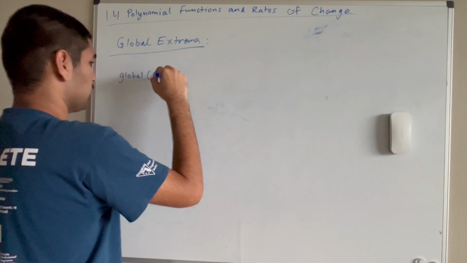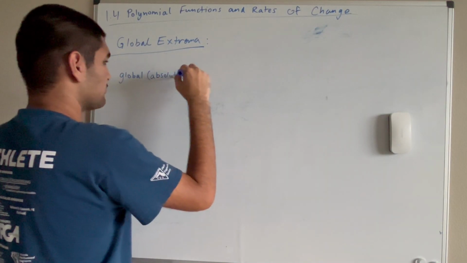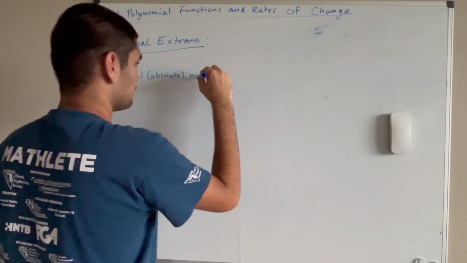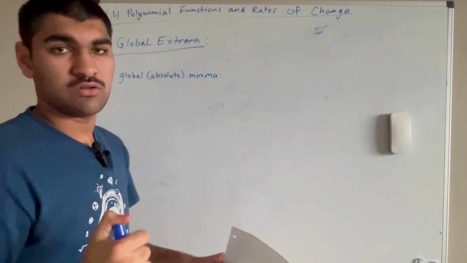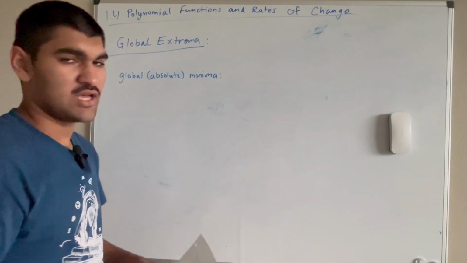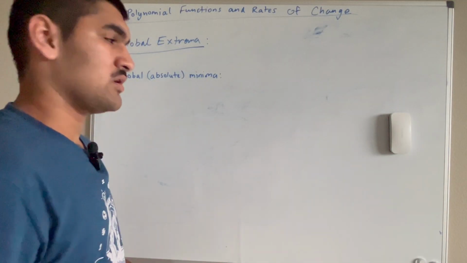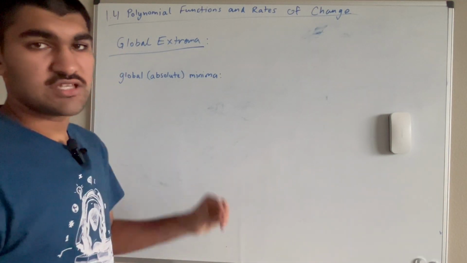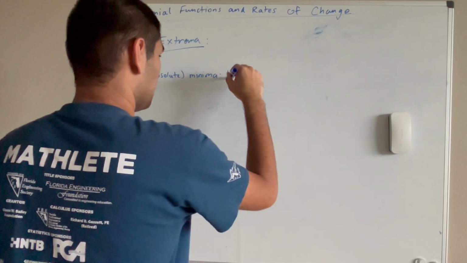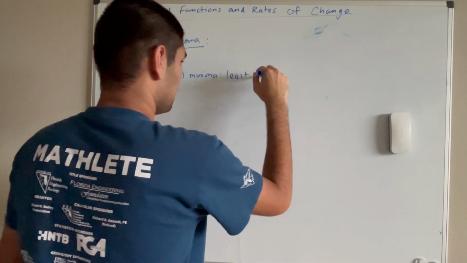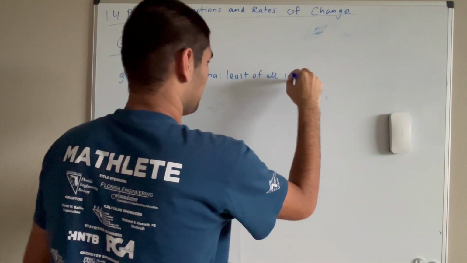Again, interchangeable. So, global or absolute minima. So that's the least of all the local minima. So if a function has more than one local minima, then the least of that would be the global or absolute minima. So least of all local minima.